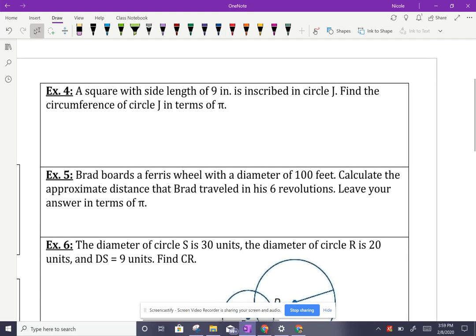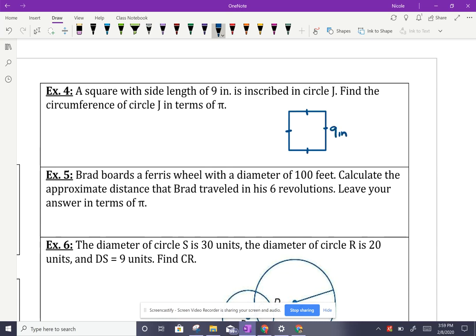Now, a square with a side length of 9 inches is inscribed in a circle. So I'm going to have a square. It's got side lengths that are 9 inches. Remember, all of these are congruent, 9 inches.